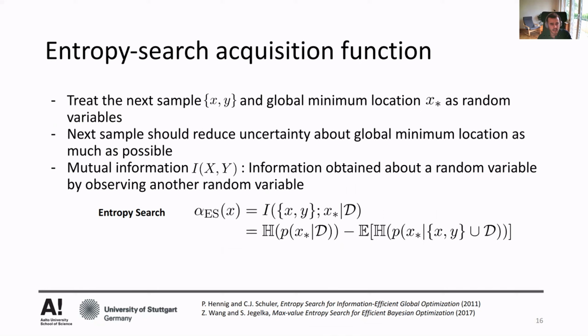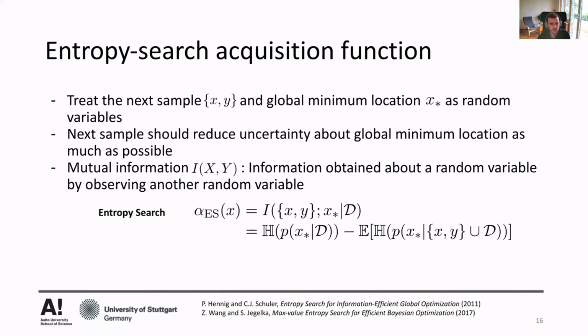By the way, this time we have to maximize the acquisition function instead of minimize it, because we want to maximize the information, this mutual information term. So here the mutual information is between the next sample and our unknown global minimum location.